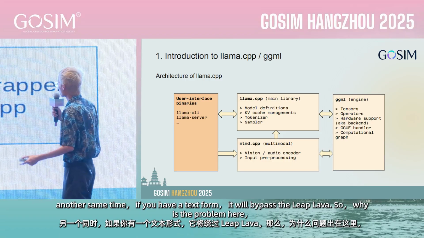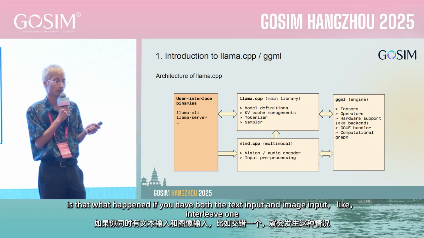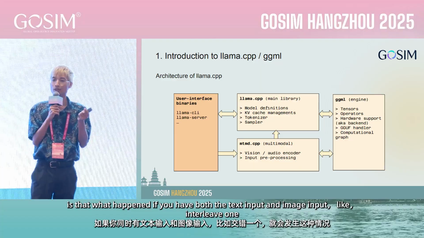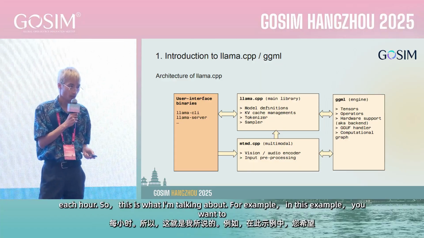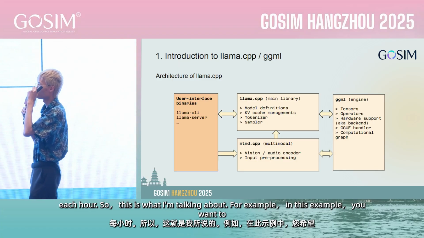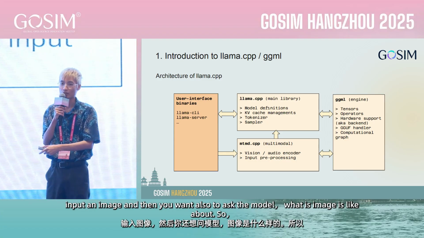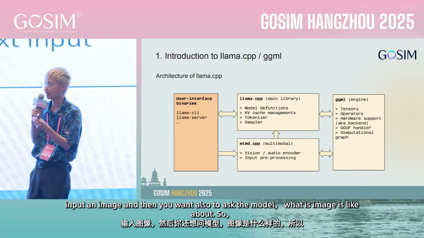So the problem here is what happens if you have both text input and image input interleaved with each other. This is what I'm talking about. For example, you want to input an image and then ask the model what the image is about.